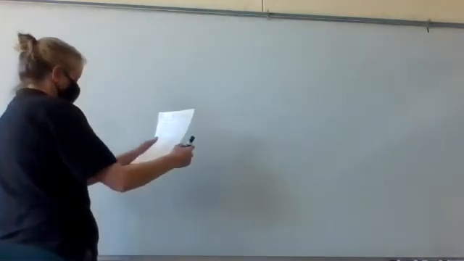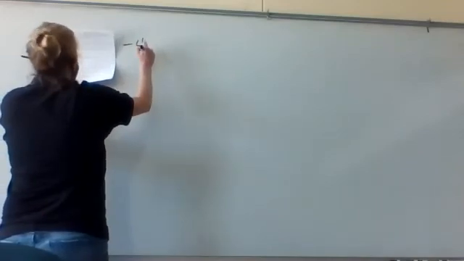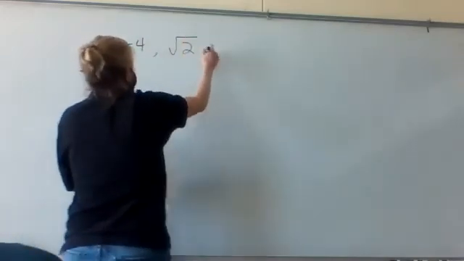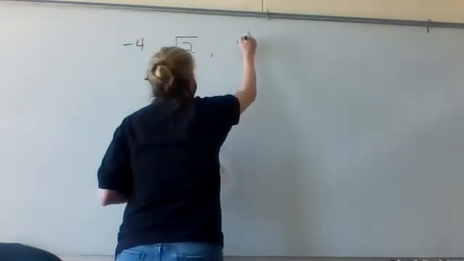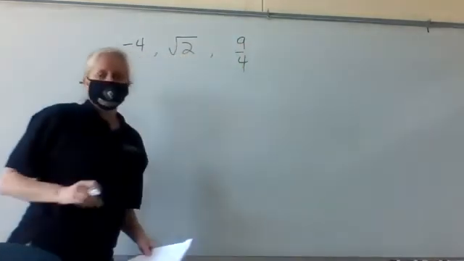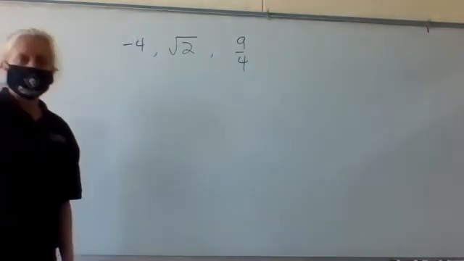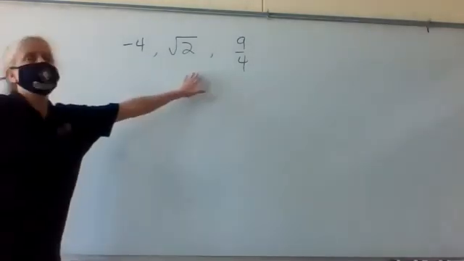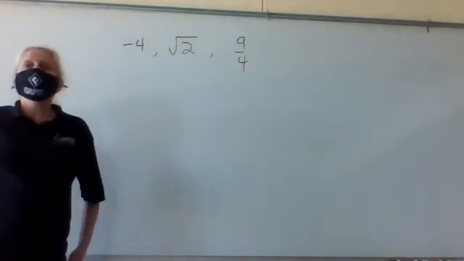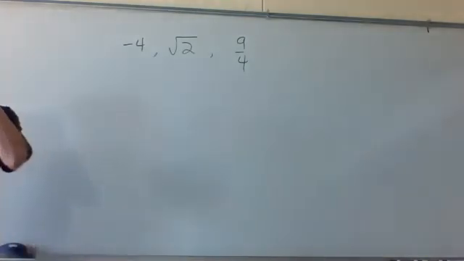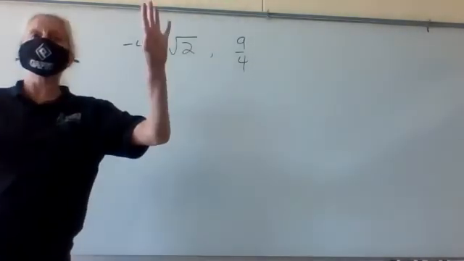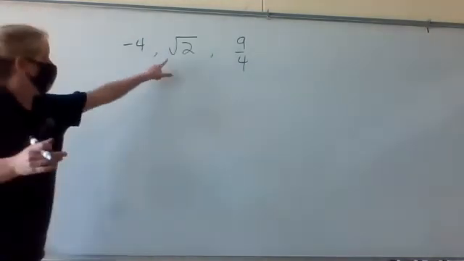On number 7, it says, suppose a polynomial of degree 4 has the given zeros: negative 4, square root of 2, and 9/4. Well, if it's degree 4, it actually only has one more 0, right? I've got 3 zeros listed, so 1 is missing. So what I'm doing is looking for anybody that's a radical or an i. So this one right here.